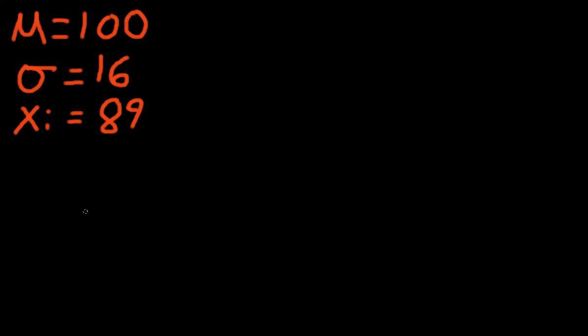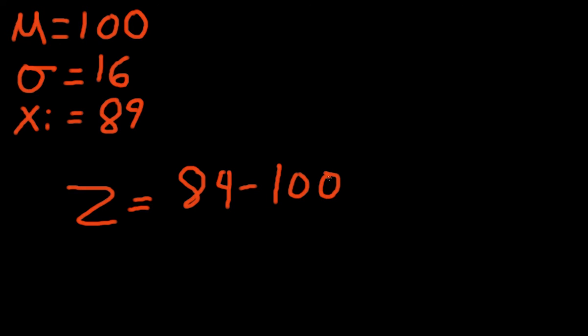So how many standard deviation units below the mean are we? We take the z-score formula and plug in the scores. Our score of interest is 89, the mean is 100, the standard deviation is 16. In the numerator we subtract and we get negative 11.